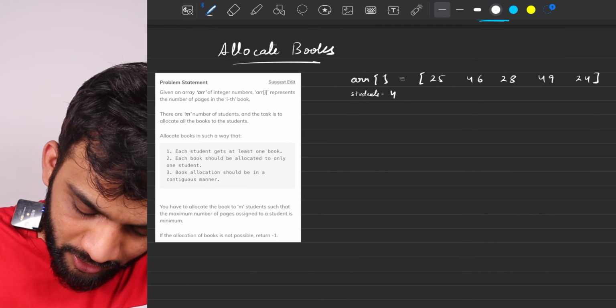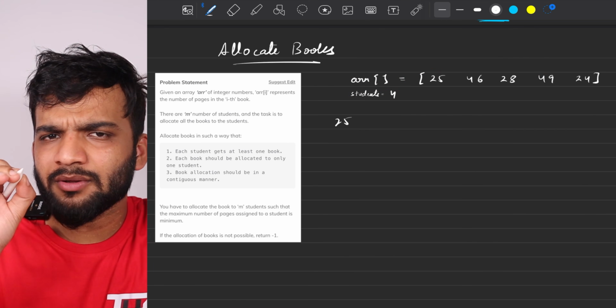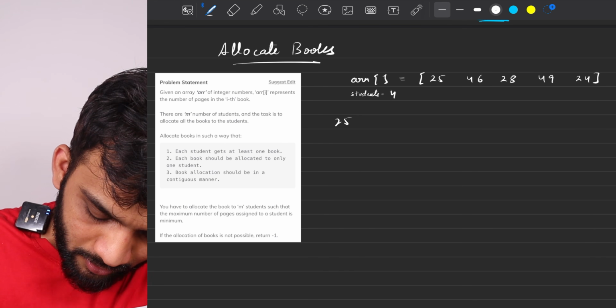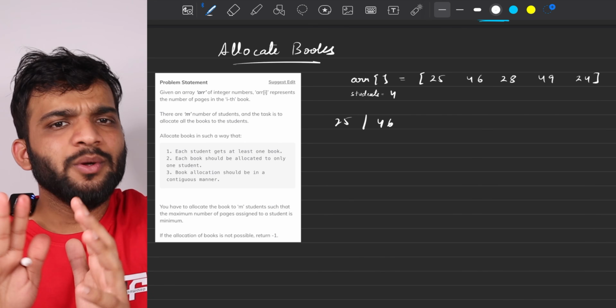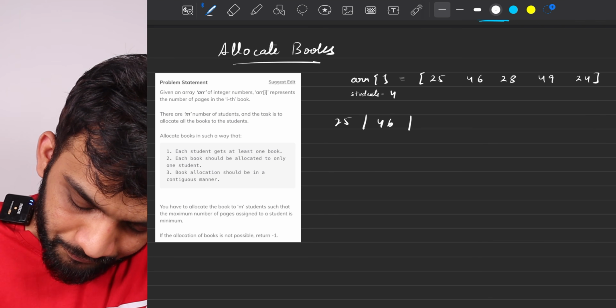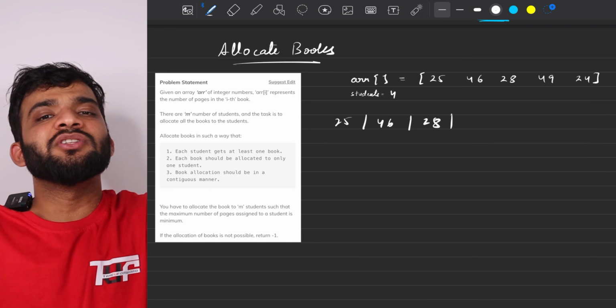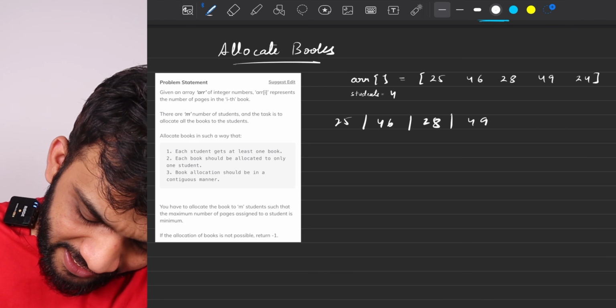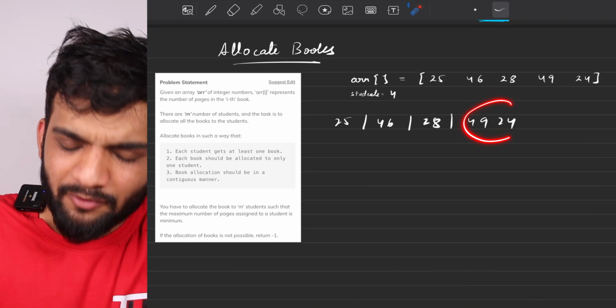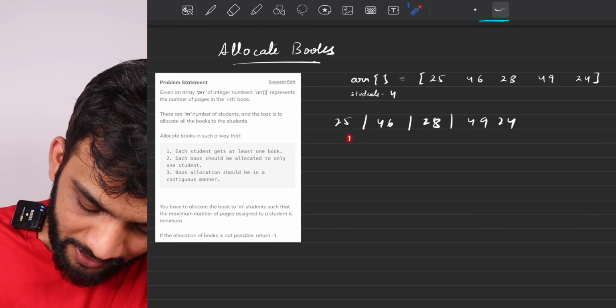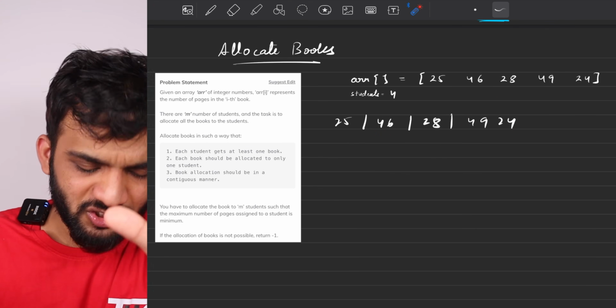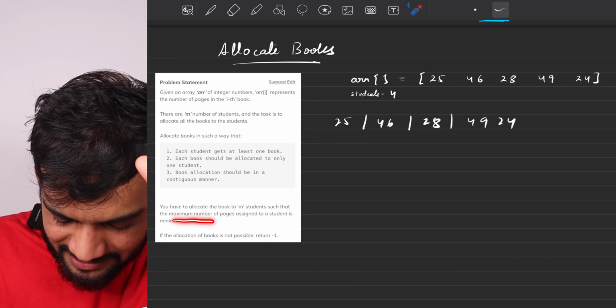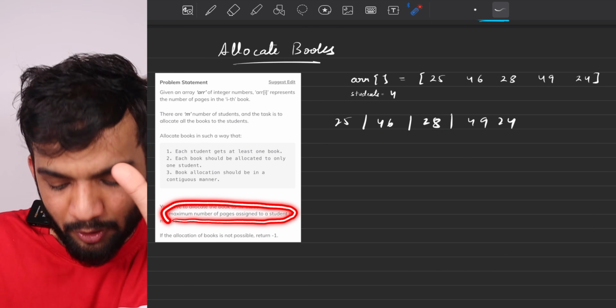Imagine I say, okay, 25 with student 1, okay? 46 with student 2, okay? 28 with student 3, okay? 49 and 24, this one will go to student 4. So students 1, 2, 3, 4. And if I ask you, what is the maximum number of pages that has been assigned over here?